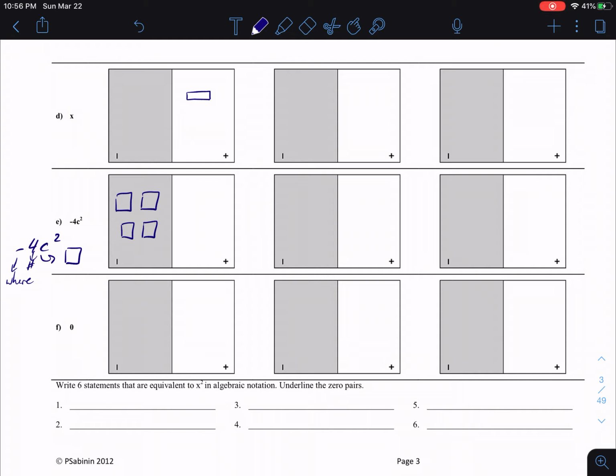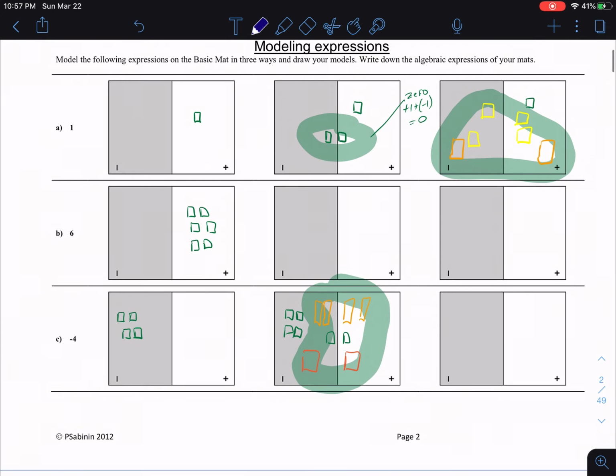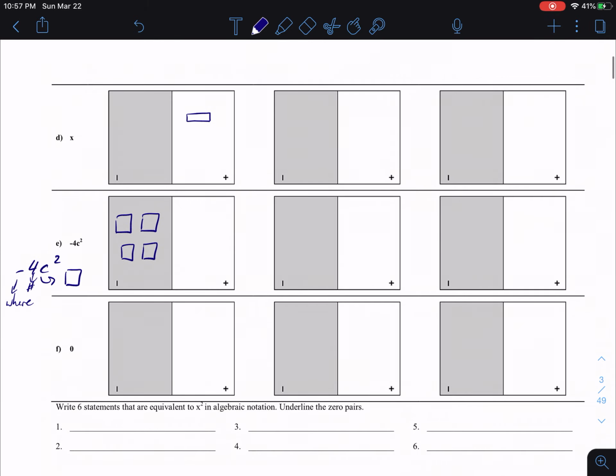Well, how do we model 0? Nothing. That would be one of the ways to model 0. But remember, as before, we could use our 0 pairs to make the mat look different, but still have the same value. So for example, if this is my x, it's a positive x and there's only one of them, then I could add some 0 pairs. And maybe one of these, maybe one of these, as long as whatever I'm adding actually is a 0 pair.